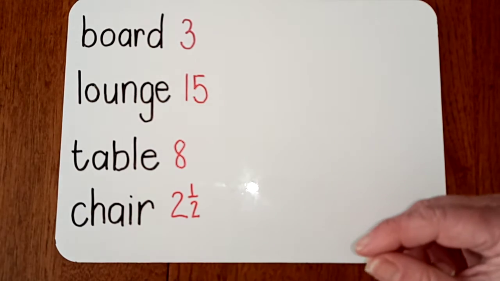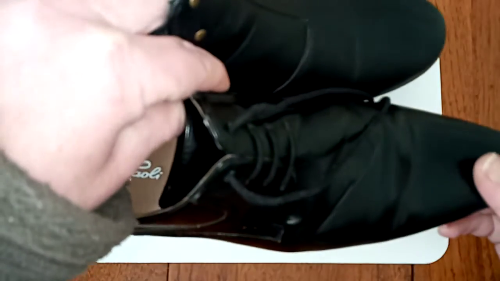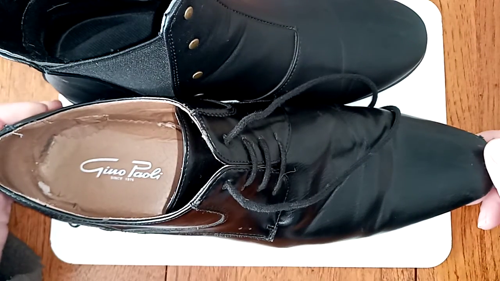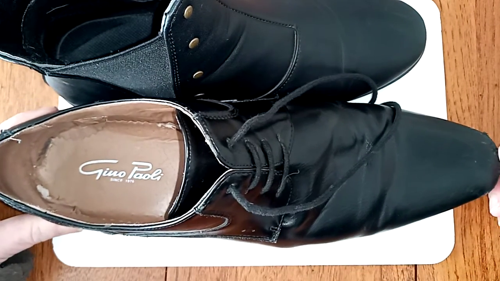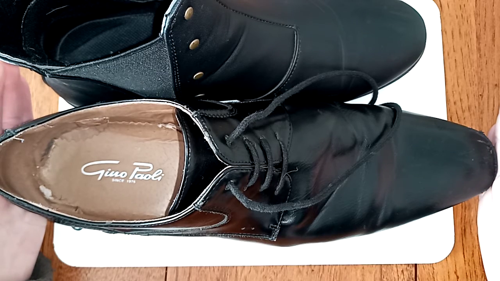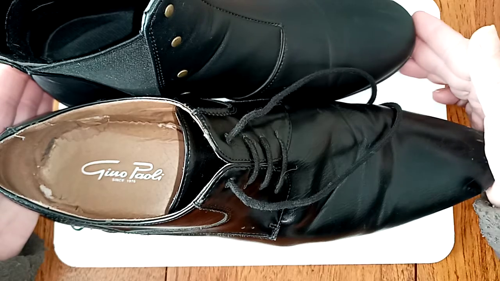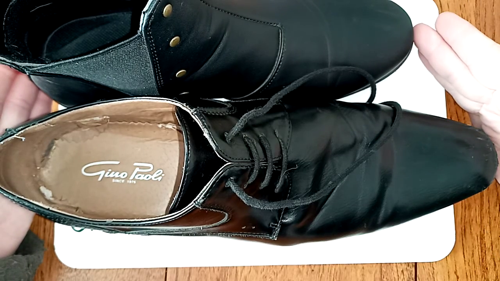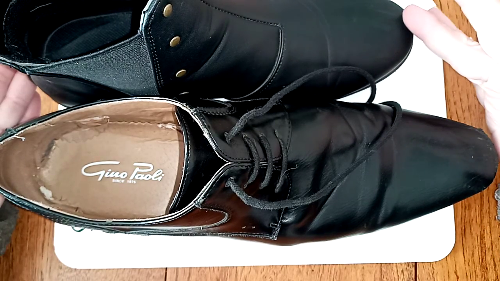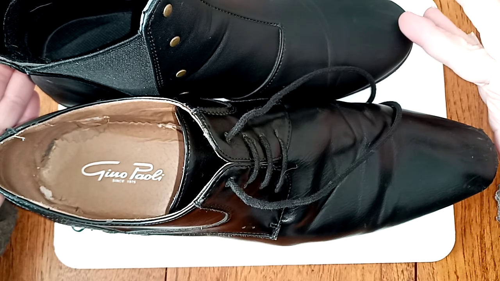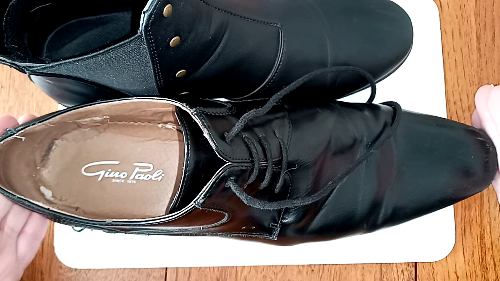So if I have a look at these two shoes, this is my son's size of his foot, big foot, and this is my foot. So if I measured with my feet, it would be a lot different to his big foot.